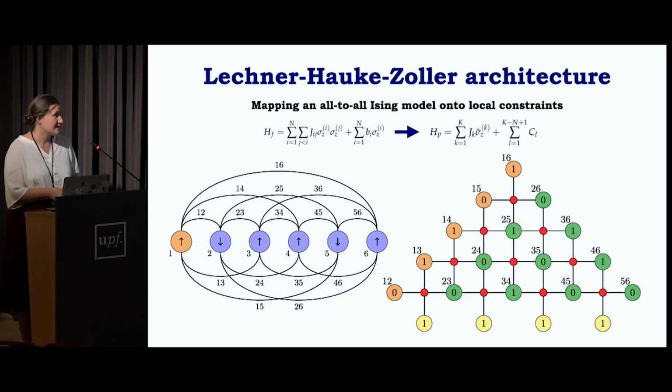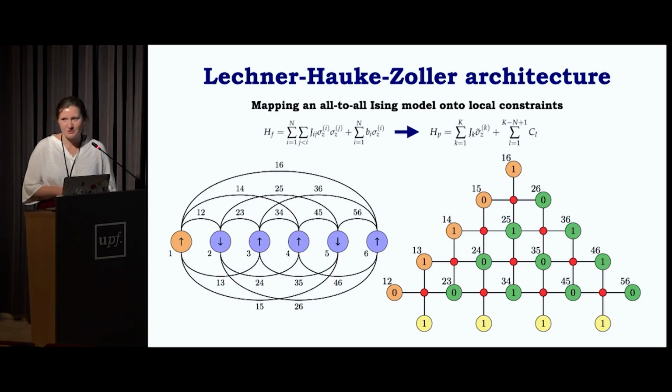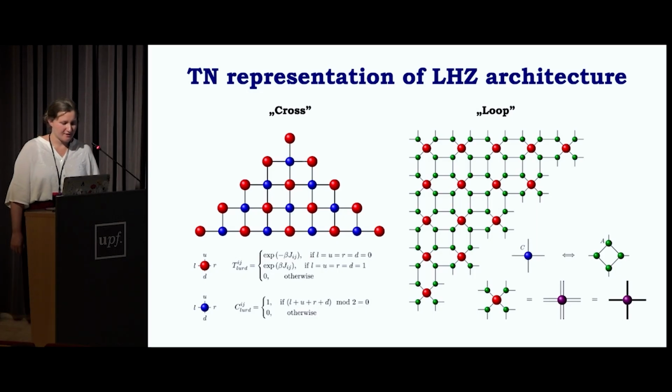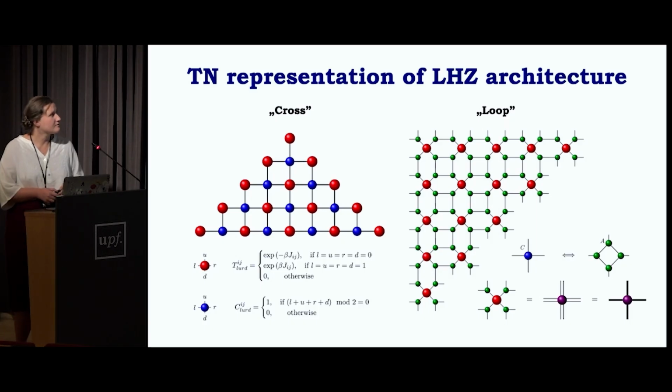And as this is a system with local interactions only, we can think of the tensor network representation of this system. There are many tensor network representations, but as LHZ can be expressed naturally as a tensor network, I'm presenting you two possible tensor network representations, the cross representation and the loop representation.